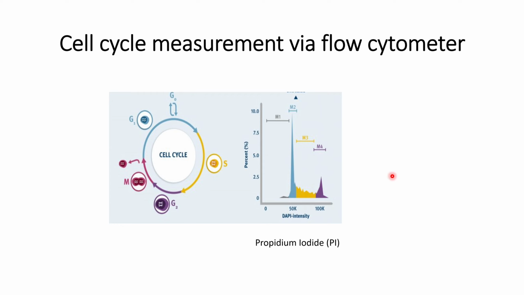This is how we can make a prediction about the cell cycle in cells with the help of flow cytometer. The dye that can be used is either DAPI or propidium iodide, which is most commonly used for the measurement of cell cycle in flow cytometer.